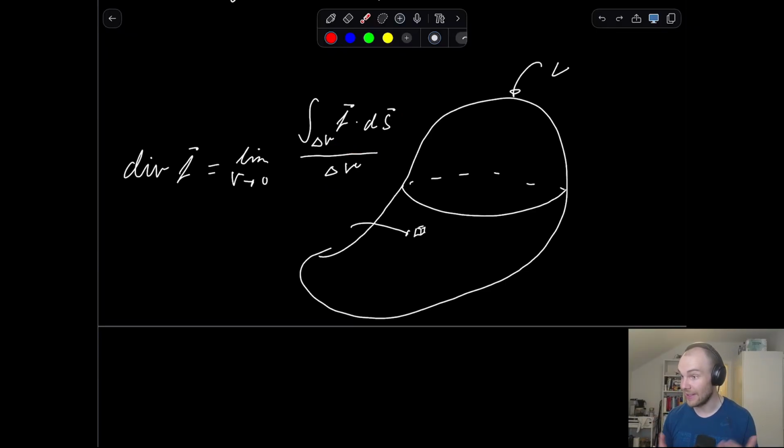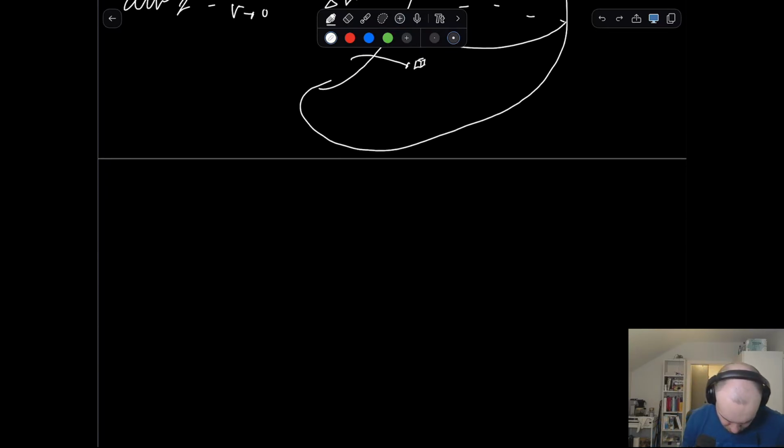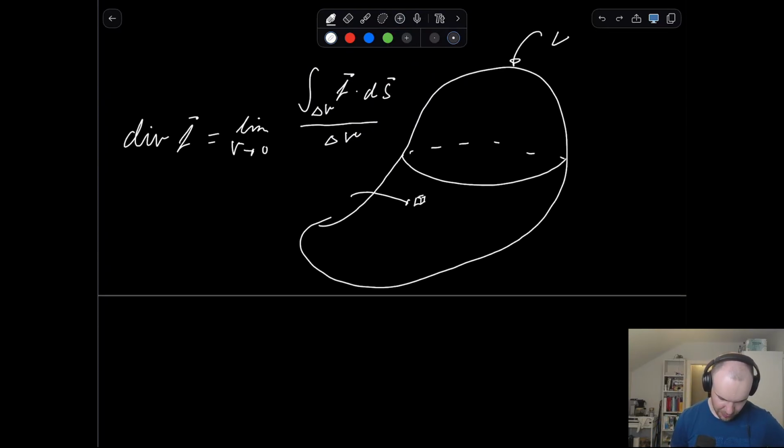And that is divergence. We have this big flux stream of the surface, and we're just focusing instead at that small volume element. Okay, cool. But this is pretty useless when it comes to calculation.